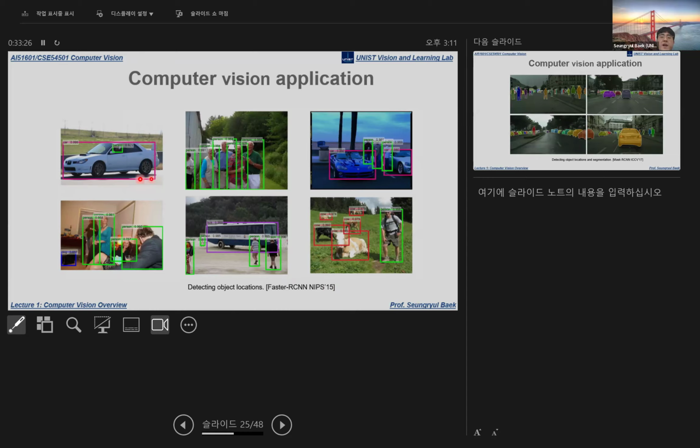Here we choose to locate the object using the bounding box representation, and we also have to specify which objects are inside those bounding boxes. These types of applications are called the object detection task, detecting object locations. There are many algorithms proposed for this object detection task.